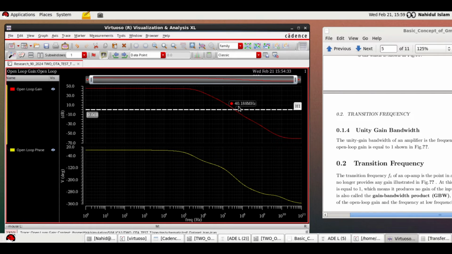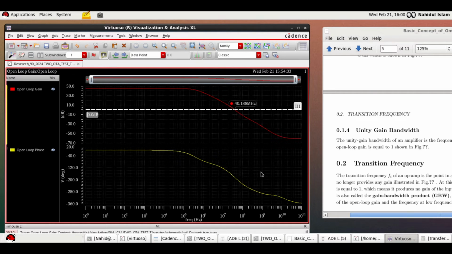So the unity gain bandwidth is 40 megahertz. That means at this frequency there is no gain. So if I give a signal amplitude of 1 millivolt, we get 1 millivolt in the output. It can't be amplified. So this term is called the unity gain bandwidth.